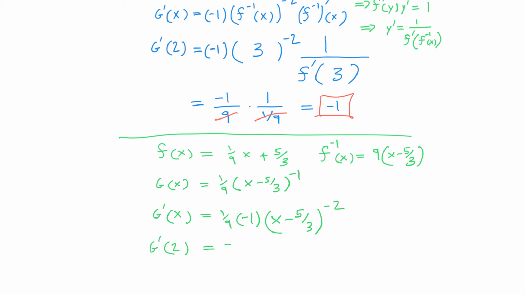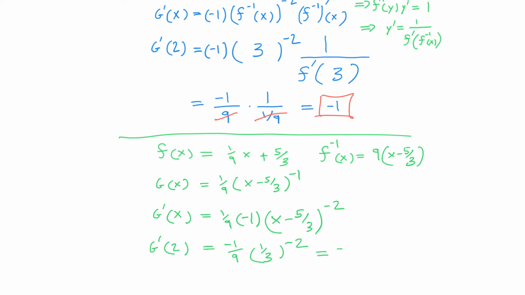We have minus 1/9, and then in the brackets we have plugging in 2 for x, or 6/3, minus 5/3 would give us 1/3. So 1/3 to the power minus 2. Let's try to unwind this a little bit more.